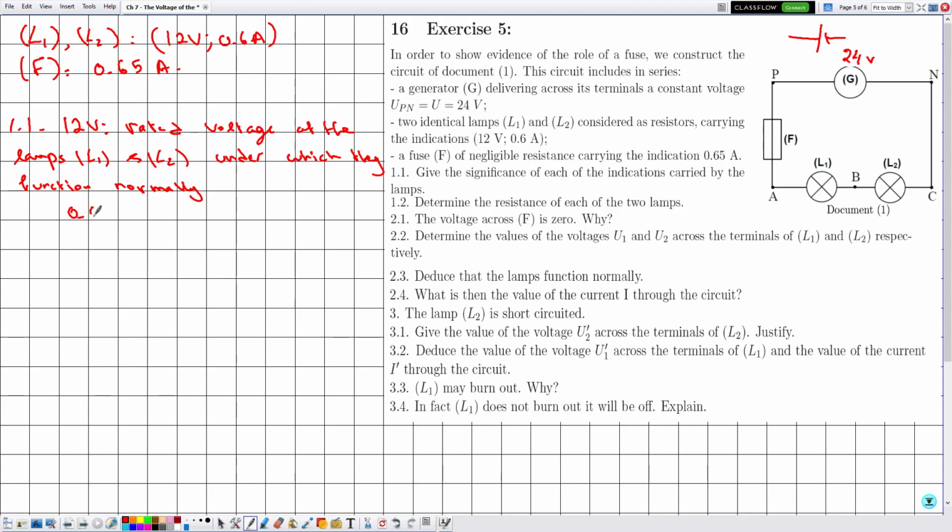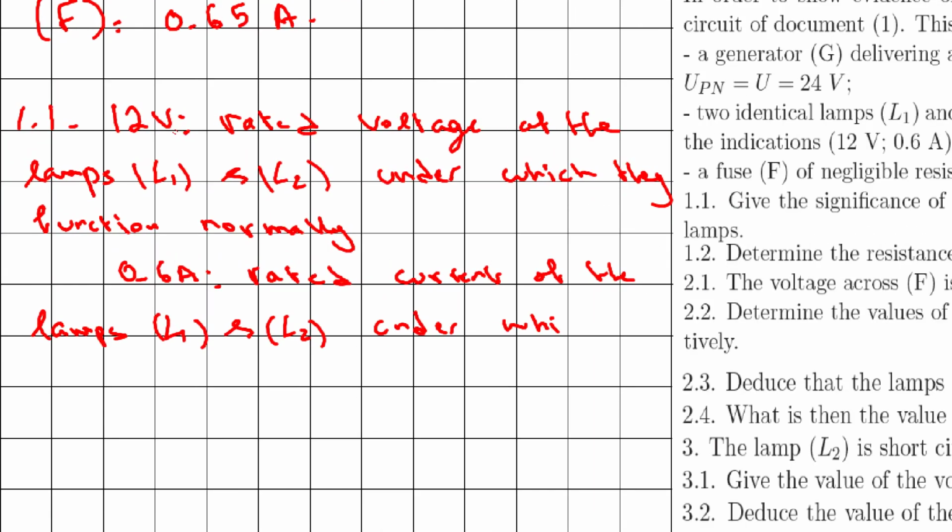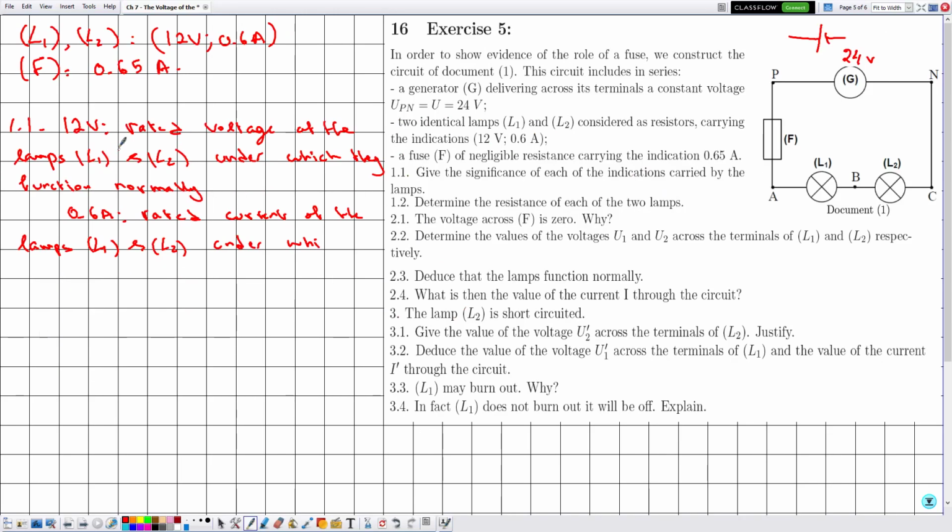Now as for 0.6 amperes, we know that this is the rated current, under which they function normally. And in order not to write two statements for each lamp, the 12 volts is for both lamps L1 and L2, as well as the 0.6 amperes.